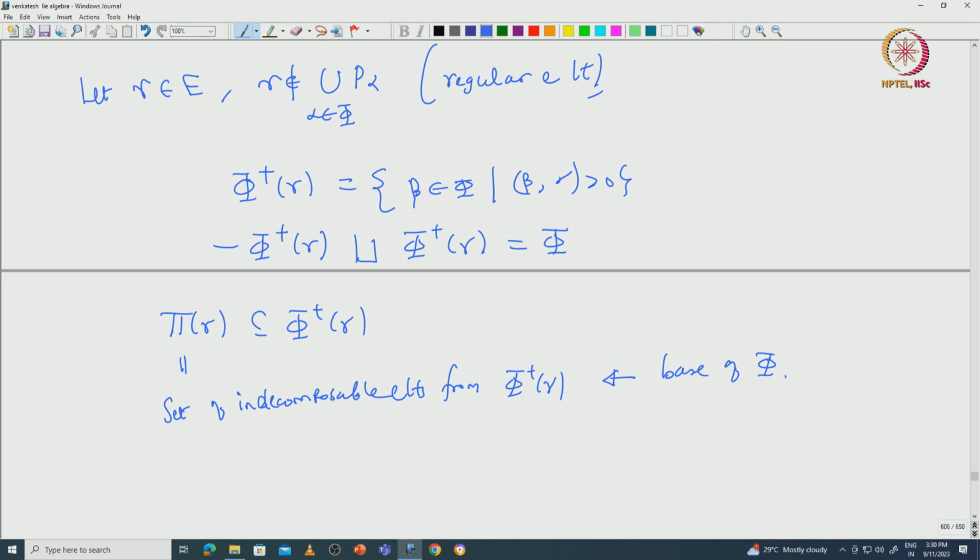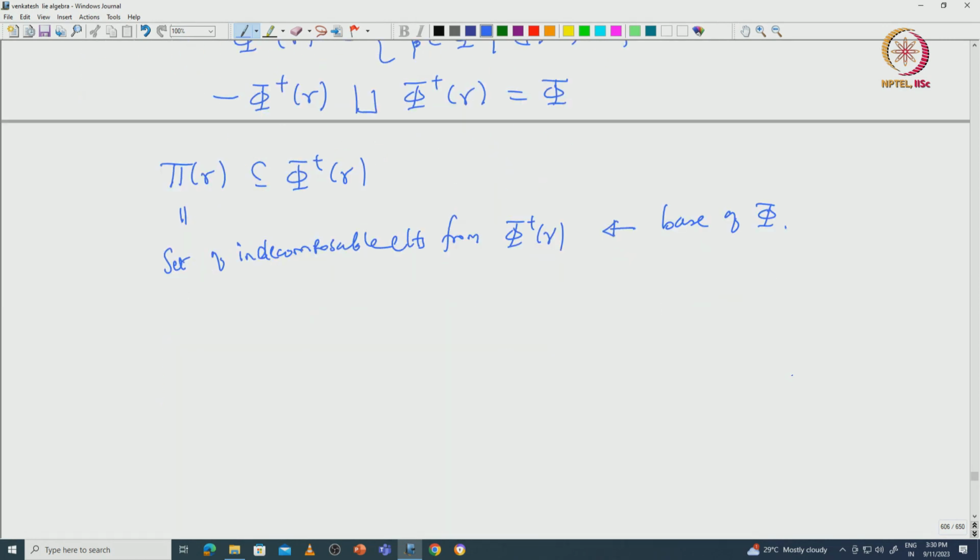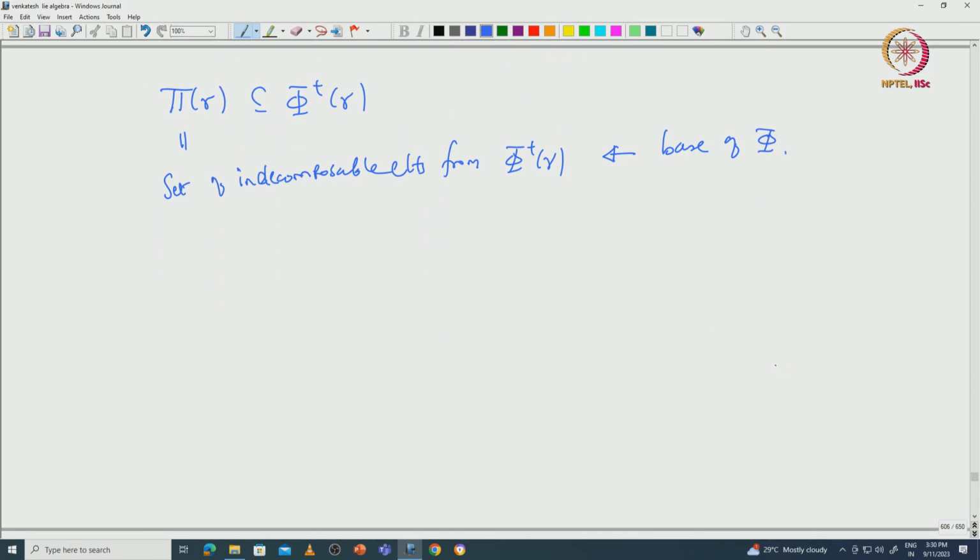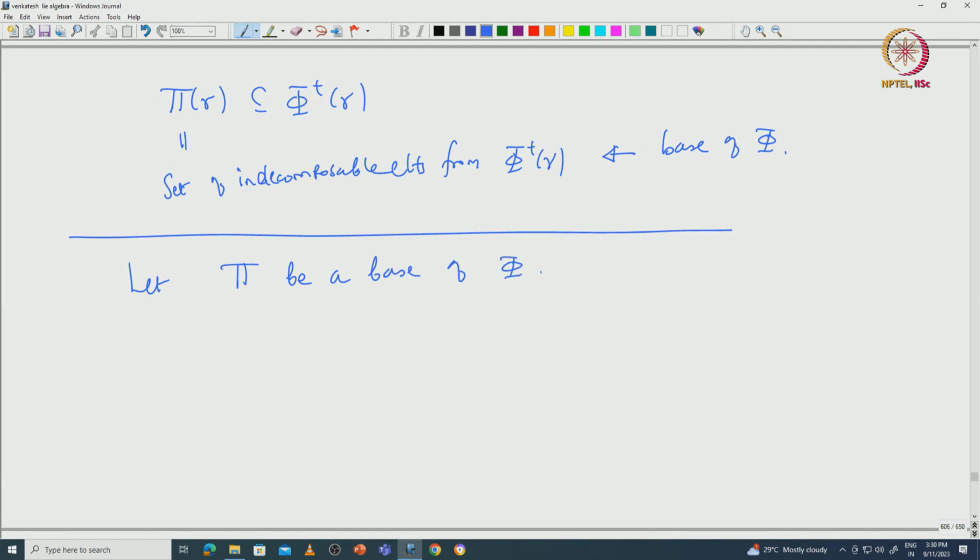So now what we want to do is prove that all the bases of this phi arise in this way only. That means, given a base, let pi be a base of phi. Then there exists gamma, which is regular, from E minus the union of P alpha, alpha in phi, such that this pi of gamma is exactly pi.